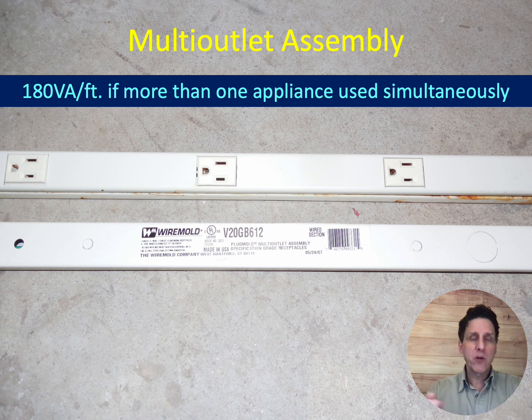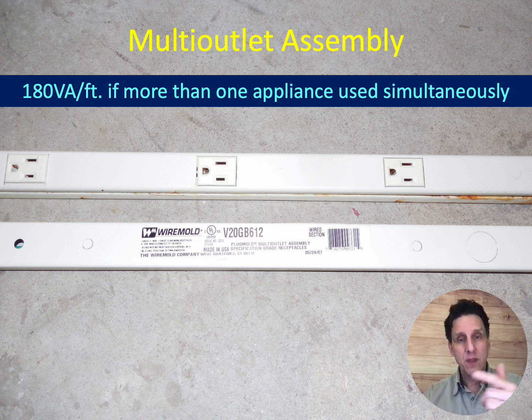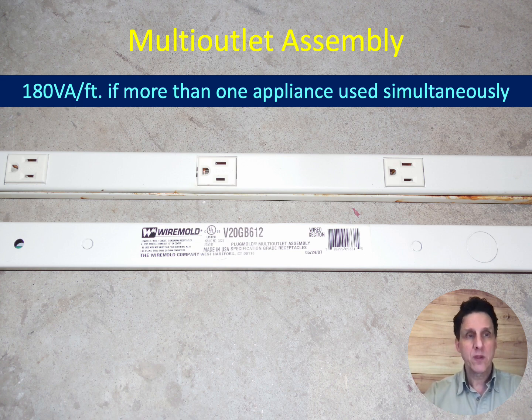And if you have a bunch of power tools plugged in, well, they're not appliances. So then I guess this wouldn't apply, right? Because they're not appliances. It's only appliances that we have to worry about. And if more than one appliance is used simultaneously, the calculation for that plug mold or that multi-outlet assembly is 180 volt amps for every foot or fraction of a foot.